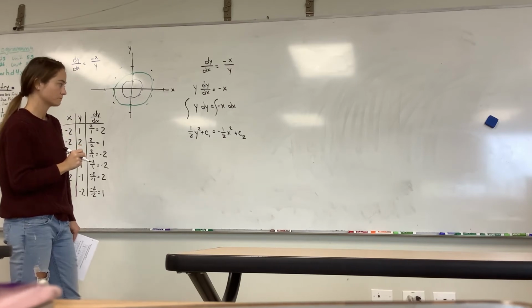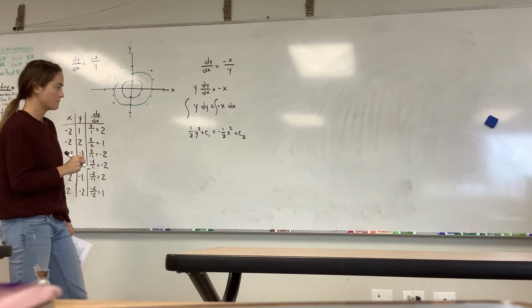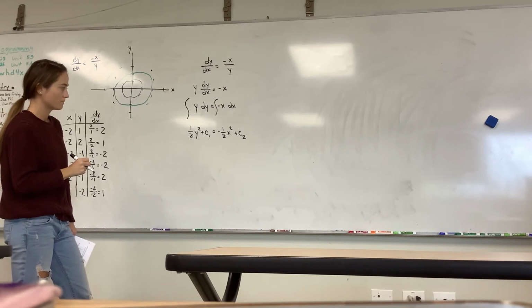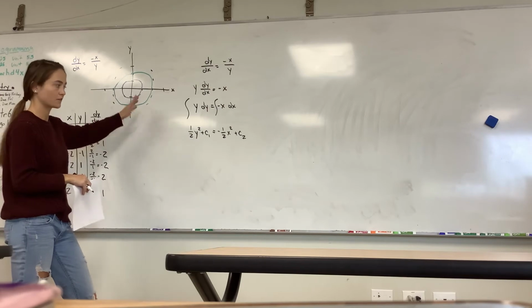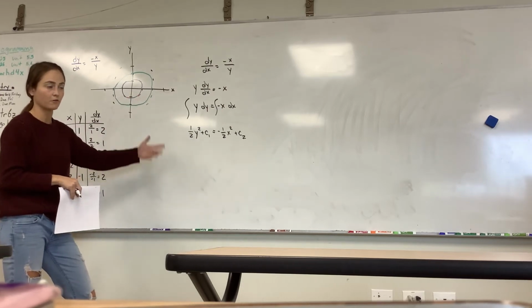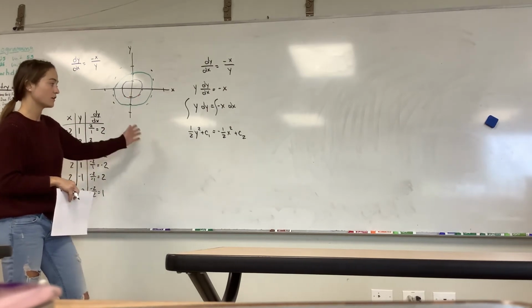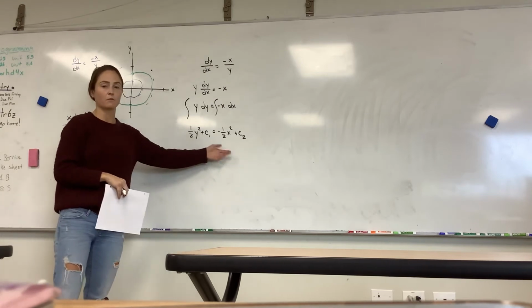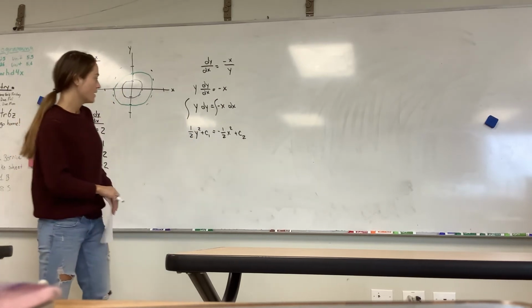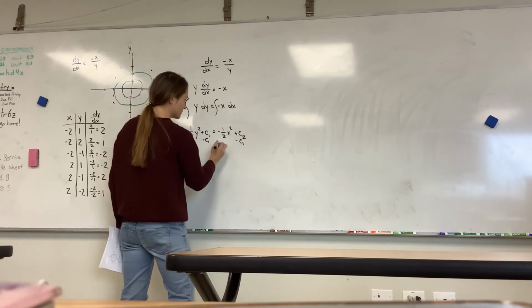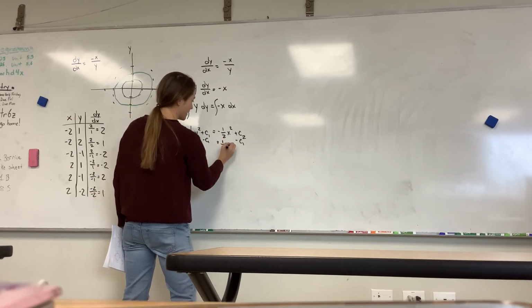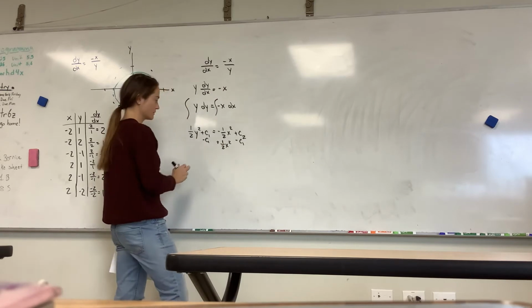Awesome. Because I know that this is a circle, I'm going to start solving this not for y, but for the equation of a circle. If you didn't know that, I probably would have started solving it for y and then realized. So I'm going to subtract c1 from both sides, and add 1/2 x squared to both sides.